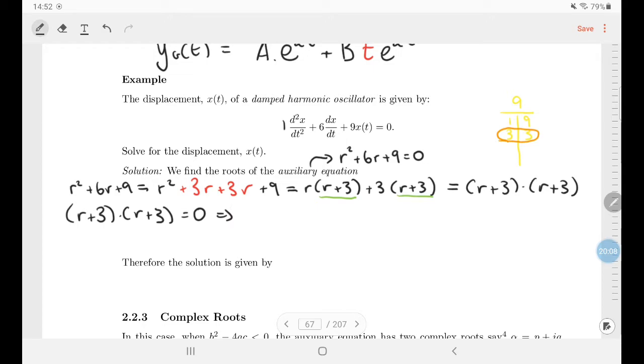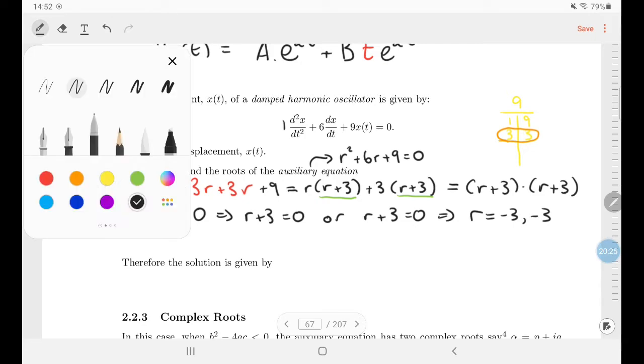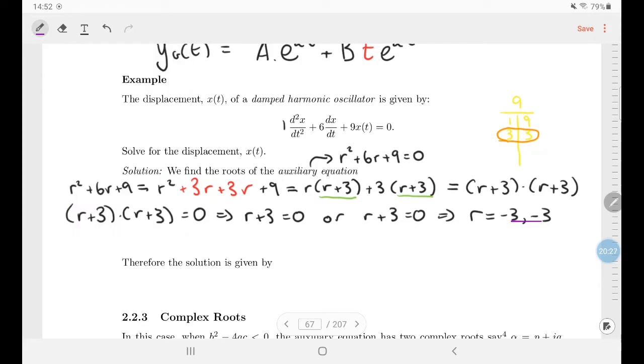Two numbers multiplied together giving you 0, then the only way that can happen is if r plus 3 is equal to 0 or r plus 3 is equal to 0. Take away 3 from both sides, you get r is equal to minus 3, but you get minus 3 twice. So this is a repeat. Now they're real numbers, but they're repeated.